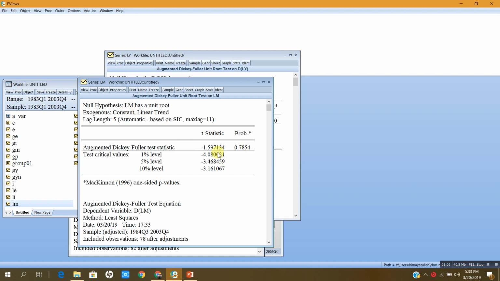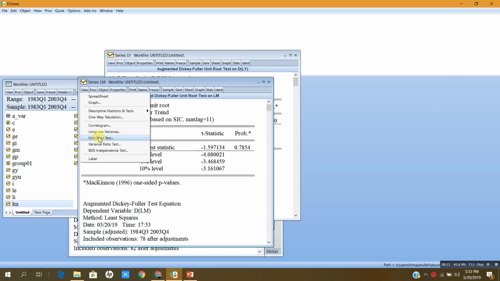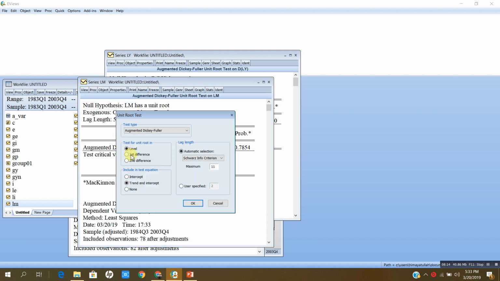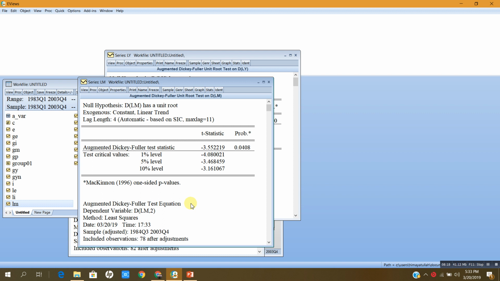But if I check its unit root at the first difference, then it will become stationary. Again this is not quite stationary, but yes, this is stationary. So when I take the first difference of the log of money supply, then I reject the null hypothesis that it has a unit root at 4%.